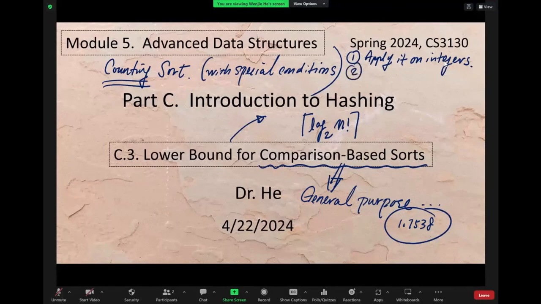Second, range assumption. The range of the values must be relatively small.